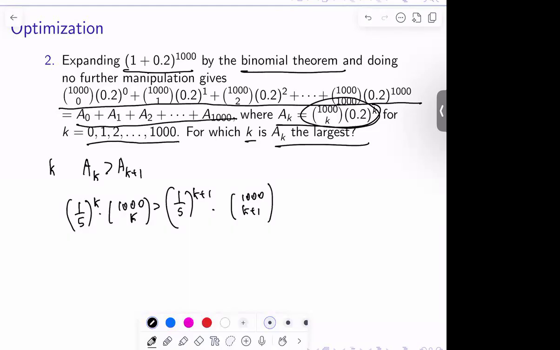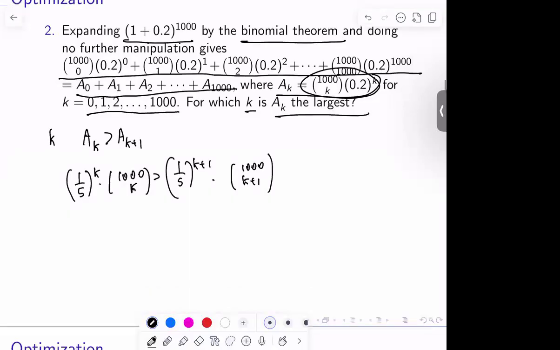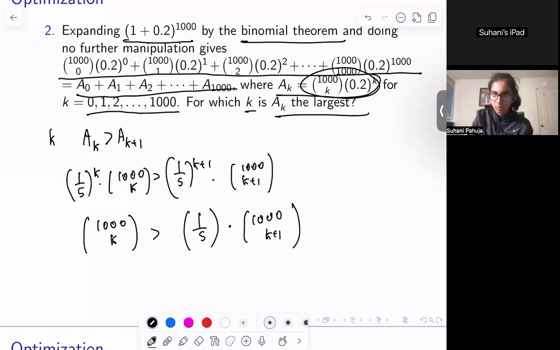And we can divide by (1/5)^k, and this would give us 1000 choose k is greater than 1/5 times 1000 choose k+1. And so then from there, we can apply some basic algebra, essentially.